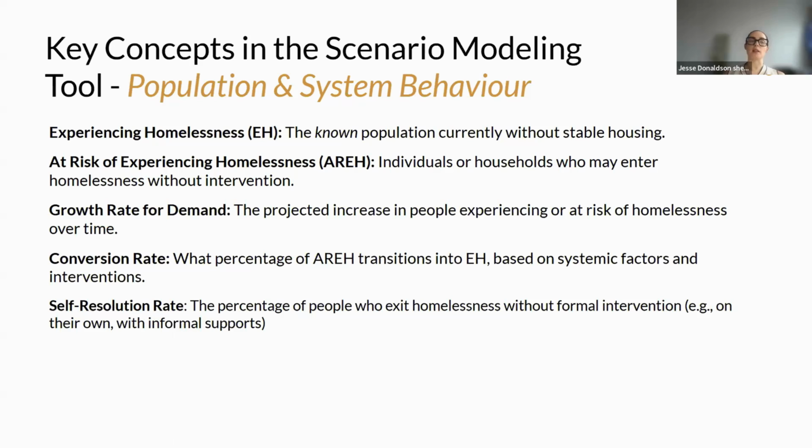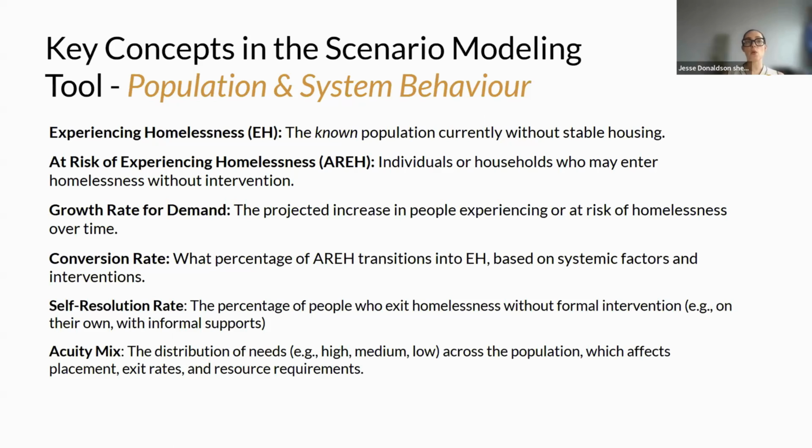So you can play with that. If you think your system is healthy and functioning, you can increase that self-resolution rate. If you think there are a lot of constraints in your system, terrible affordability, or factors such as substance use or mental health that are really impacting, you can reduce that self-resolution rate, and it has huge impacts on the model as well.